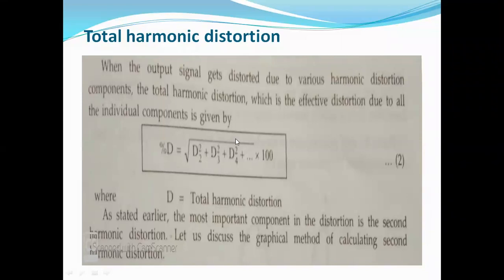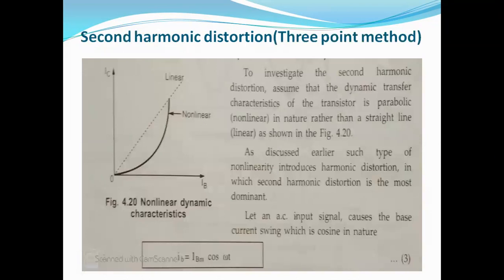Because of all these harmonics, the output signal may get distorted. Next, we are calculating second harmonic distortion. Why? Already in the previous slide we have seen that because of the second harmonic frequency, we may face higher distortion.